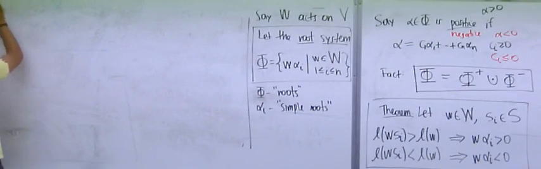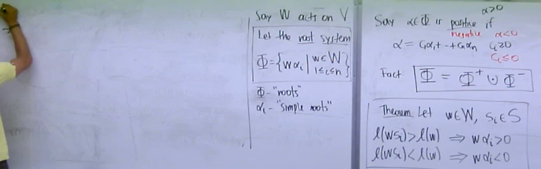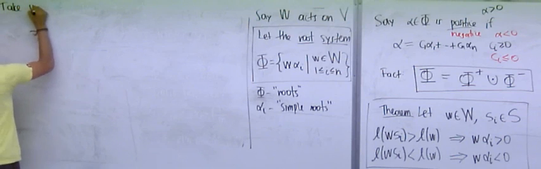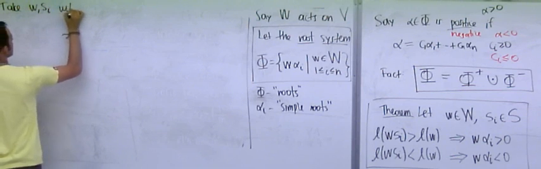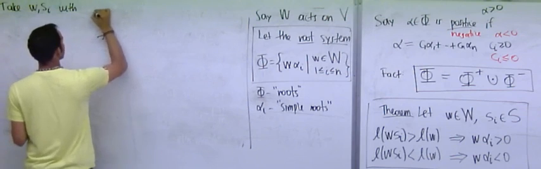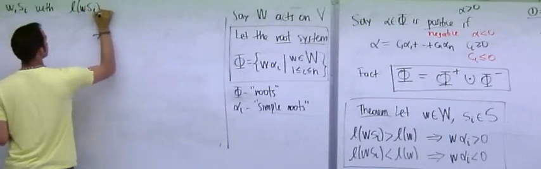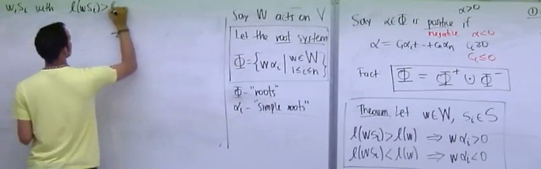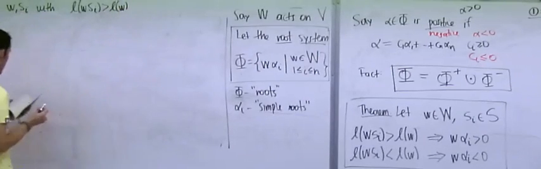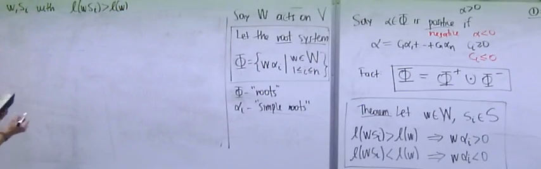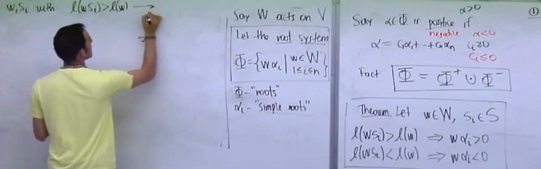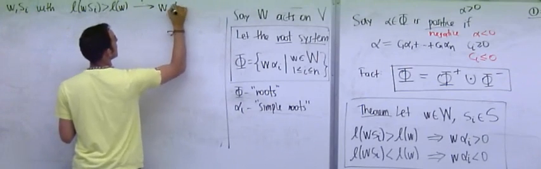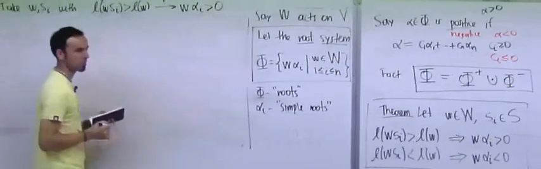So now take W and s_i with the length of W s_i bigger than the length of W. And I want to prove that this means that W alpha_i is positive. Okay.